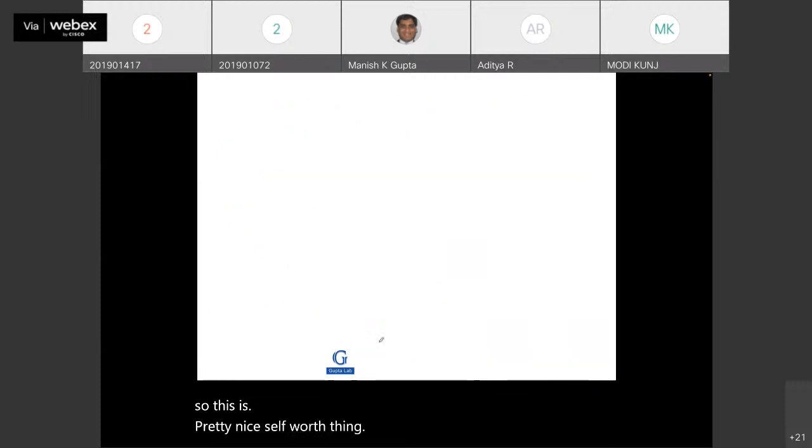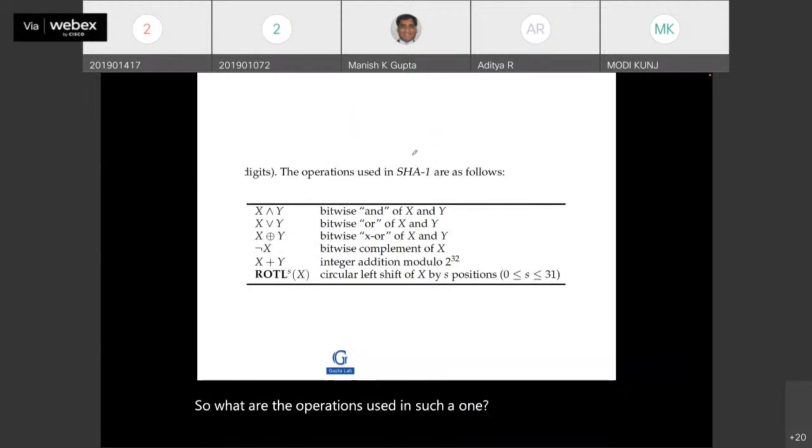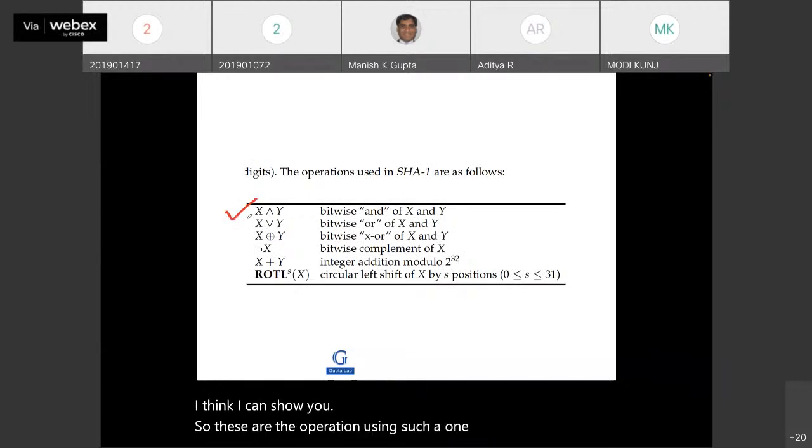So what are the operations used in SHA-1? I think I can show you.